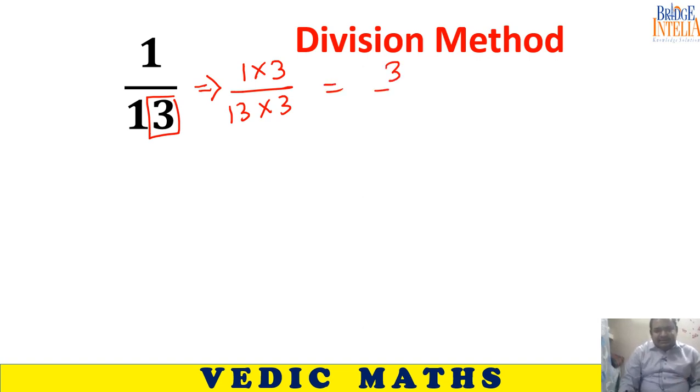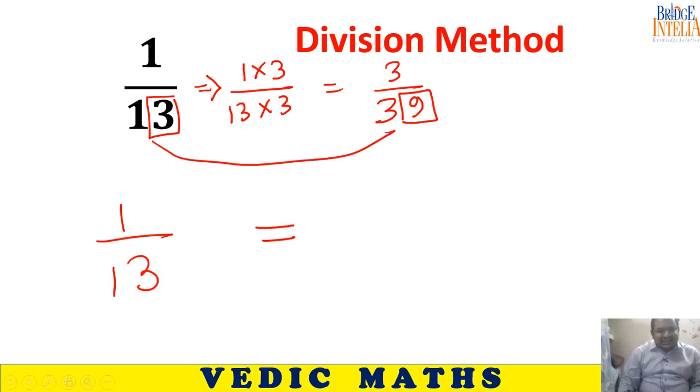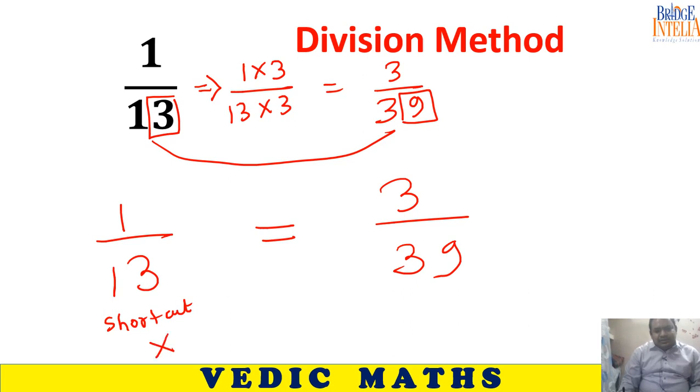Now this becomes 3 by 39. So now you see the second number's last digit becomes 9. So 1 by 13 is exactly equal to 3 by 39. So if you cannot apply the shortcut on 1 by 13, you can apply it on 3 by 39.